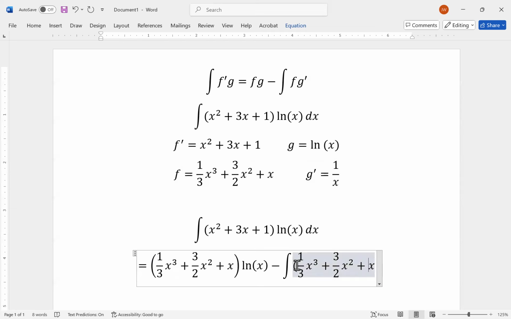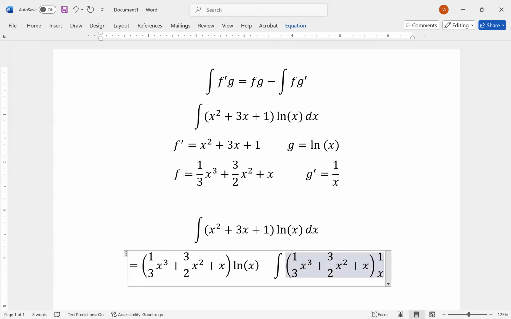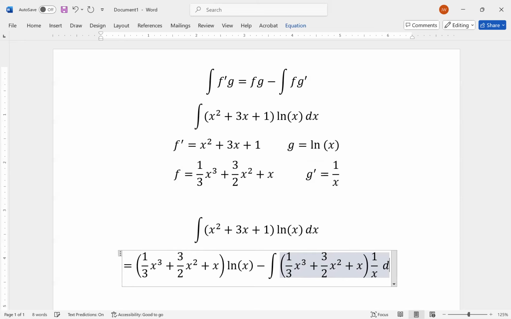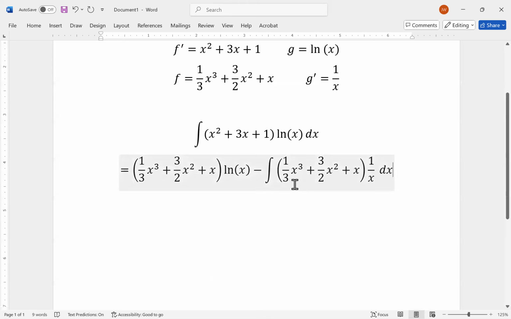And something really nice happens here. What's going to happen when I multiply any polynomial times 1 over x? Well, it simplifies.